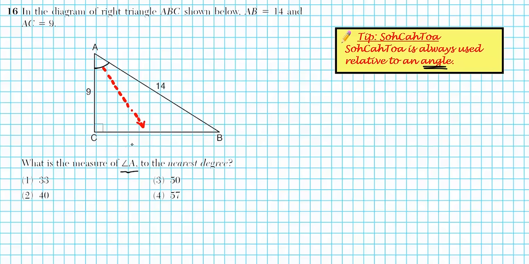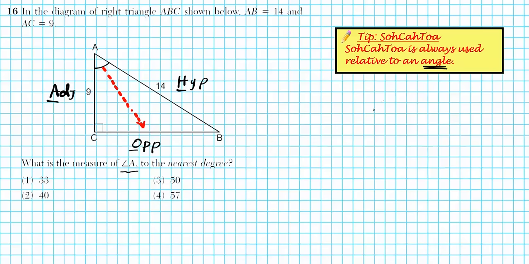The side opposite the 90-degree angle is the longest side, because 90 degrees is the biggest angle in this triangle, so that is the hypotenuse, and then the other side is the adjacent. So A, O, and H are what you have in SOHCAHTOA.